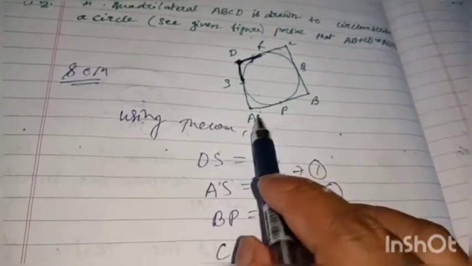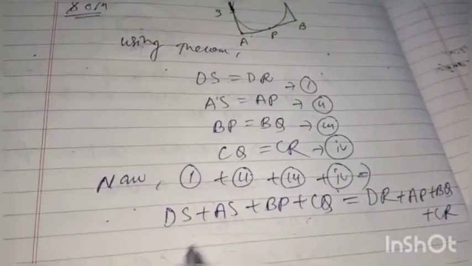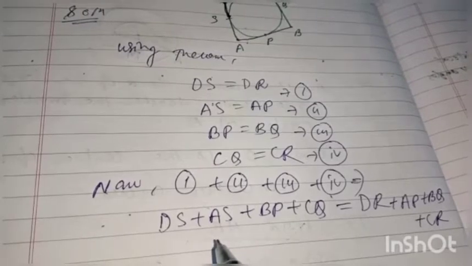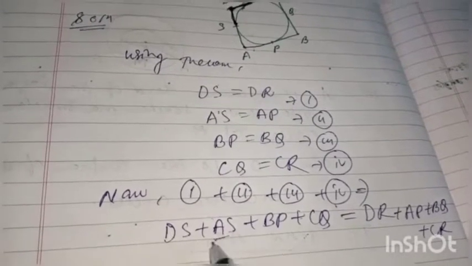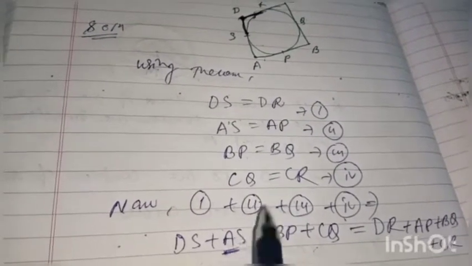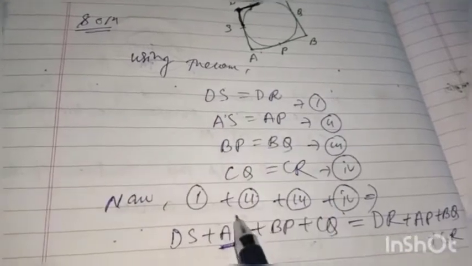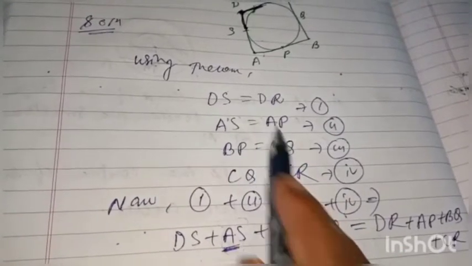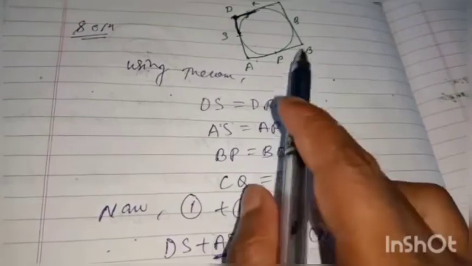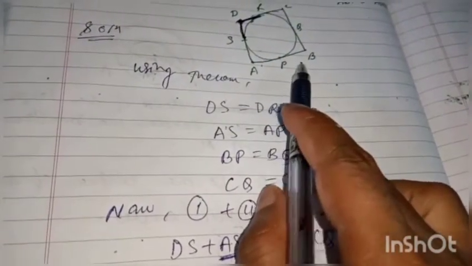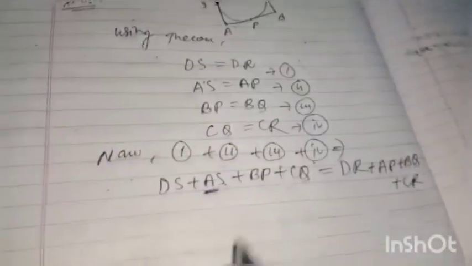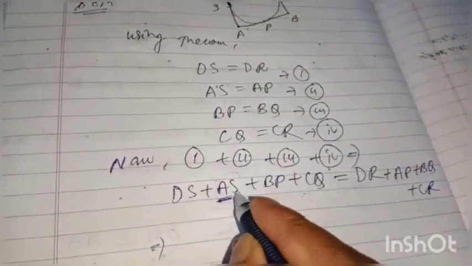To get AB, what do you need? AP and BP. AS is equal to AP, so in place of AS you can write AP. Then AP plus BP gives AB. Then you need CD, because you need AB plus CD.